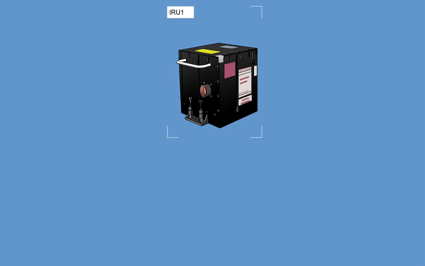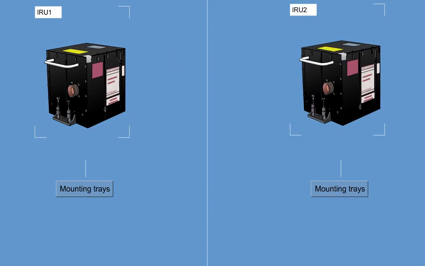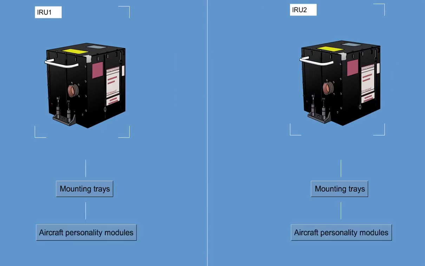Inertial Reference System Components. Each IRS consists of 2 micro-inertial reference units, 2 mounting trays, and 2 aircraft personality modules. The micro-IRU can operate from either a primary input 28-volt DC power source or a secondary input power source, with priority being given to the primary power source if both primary and secondary sources are available and valid.